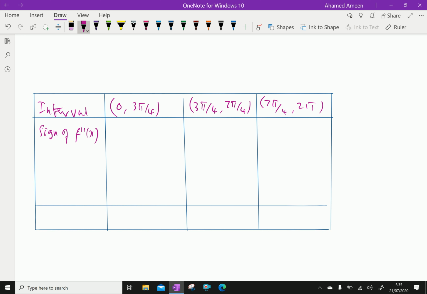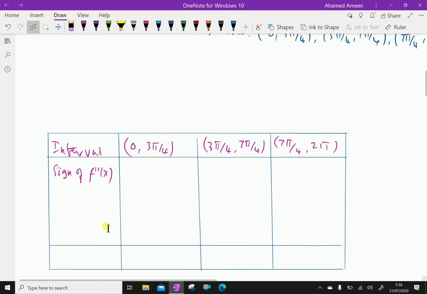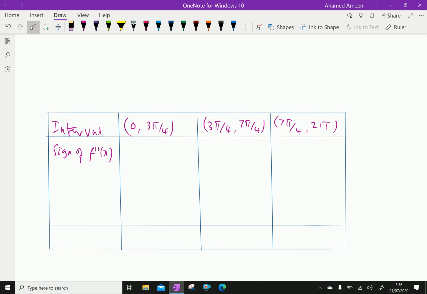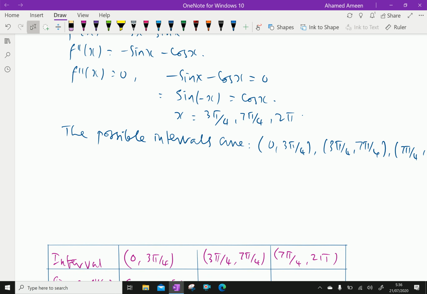Here in between 0 and 3 pi by 4, the second derivative at x equal pi by 4: we have minus sin x minus cos x.